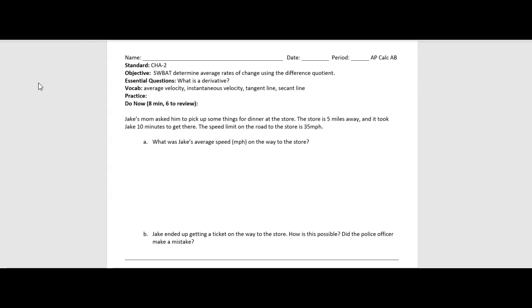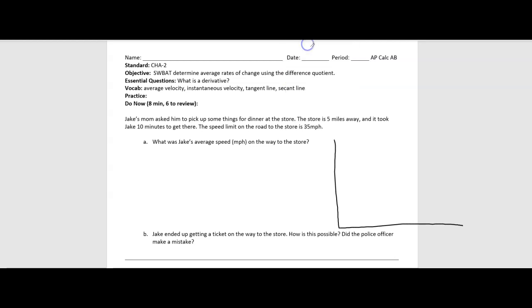So we knew his average speed over the course of 10 minutes of driving, but we weren't able to know his instantaneous speed. So if I said what was his average speed, you could have told me 30 miles an hour. But if I asked you what's his speed specifically at minute 1.4, right, you wouldn't have known how to find that.